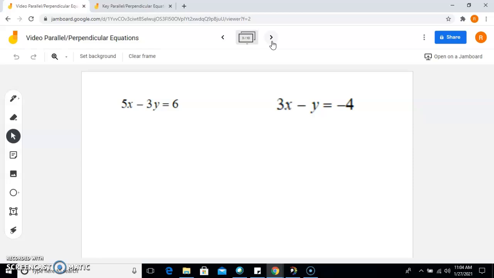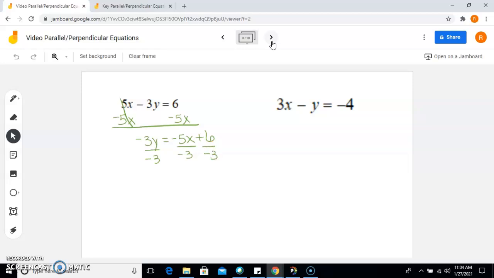If my equation is written in standard form, the first thing I have to do is change it to slope-intercept form. So I want to change it so y is by itself. I would subtract 5x from both sides, and that will give me negative 3y equals negative 5x plus 6. Then I'm going to divide everything by negative 3.